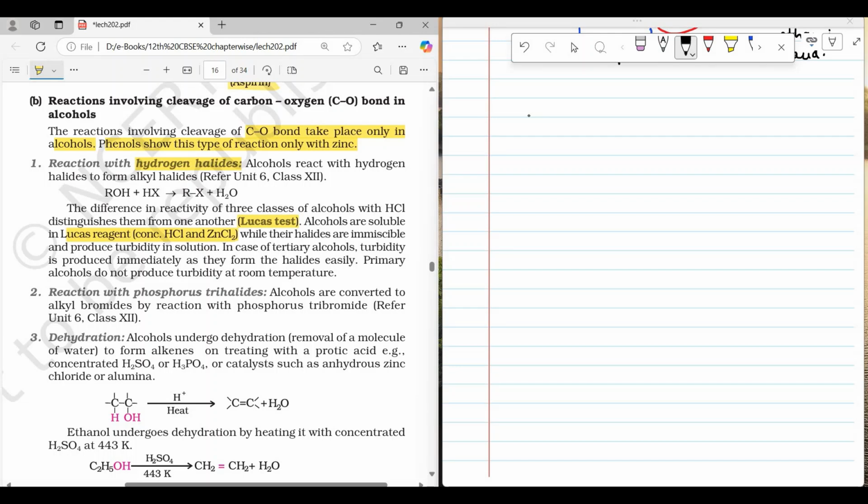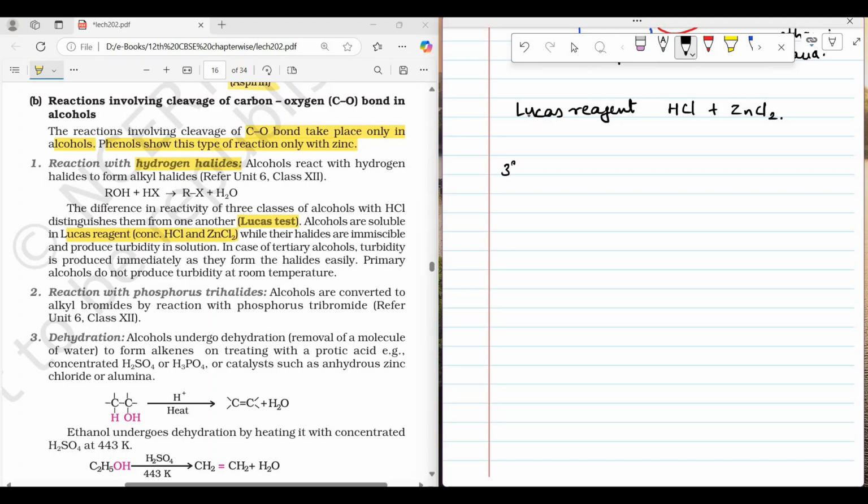Now let's try to understand the reaction. Lucas reagent is the mixture of concentrated HCl with ZnCl2, and alcohols are miscible in this Lucas reagent.